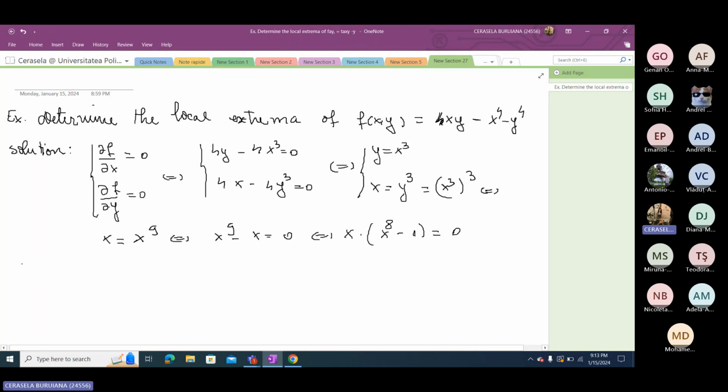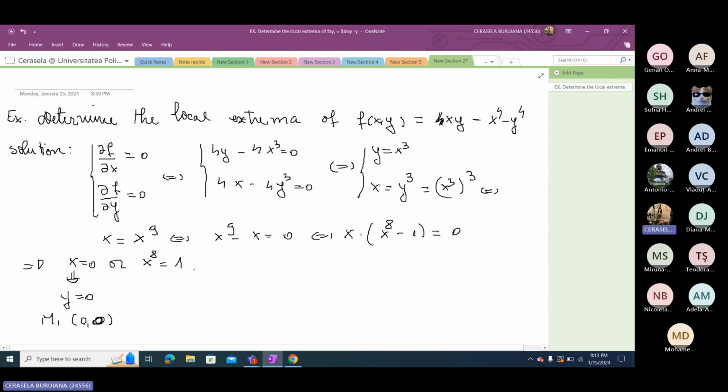So from here it implies that x equals 0, or the parenthesis equals 0. So x power 8 will be 1. But if x equals 0, immediately I get y equals 0. So the first point I got is the point of coordinates 0, 0.